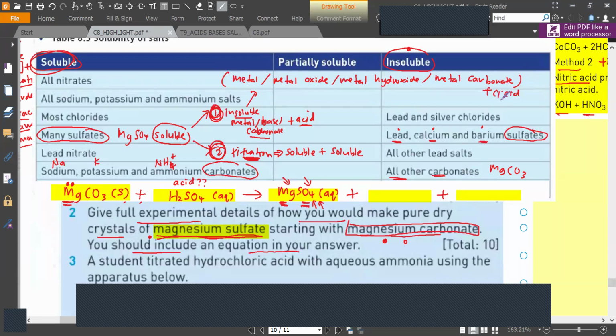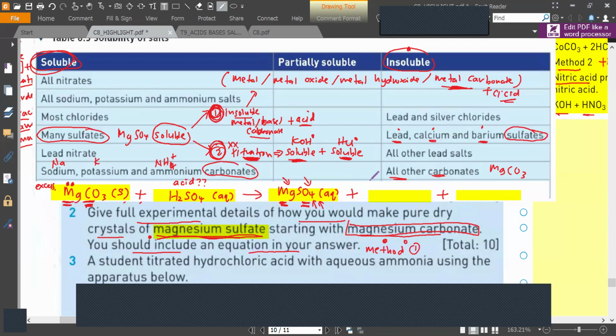So straight away it must be method 1, because we have magnesium carbonate, which is insoluble, added to the acid. The magnesium carbonate will be in excess. It is not method 2, because titration is soluble plus soluble, like KOH plus hydrochloric acid, both soluble.